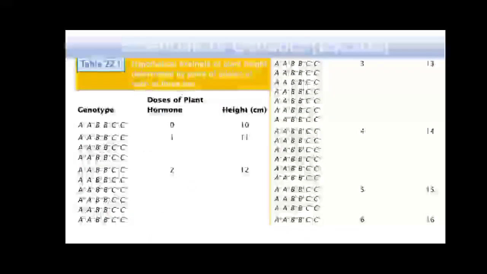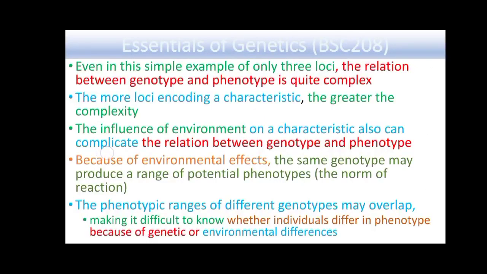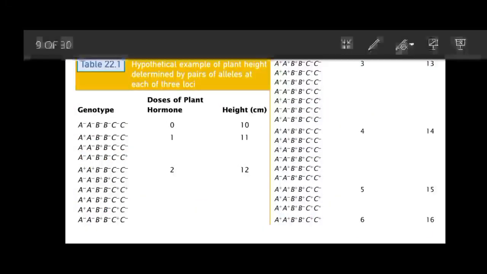So look carefully at this table. When we have no plus allele, then we have zero doses, and because of this zero dose, height is baseline, it is 10 centimeters.